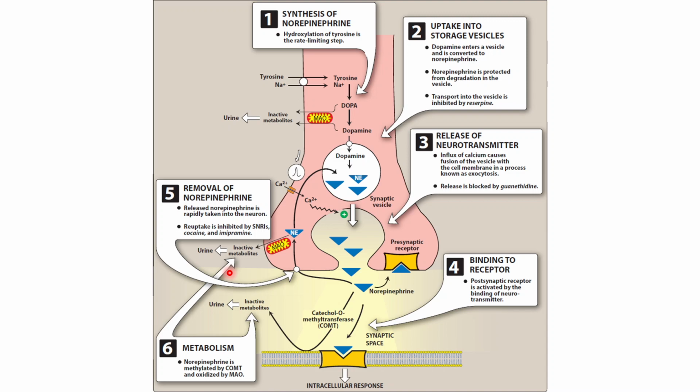If we look at the synthesis of norepinephrine, norepinephrine is synthesized from the amino acid tyrosine, and the precursor is dihydroxyphenylalanine, or DOPA. Then the DOPA is converted to dopamine, and dopamine is used to synthesize norepinephrine in the vesicle.